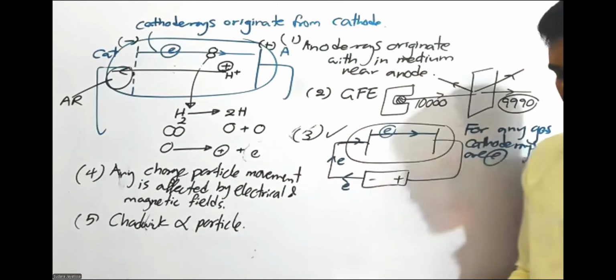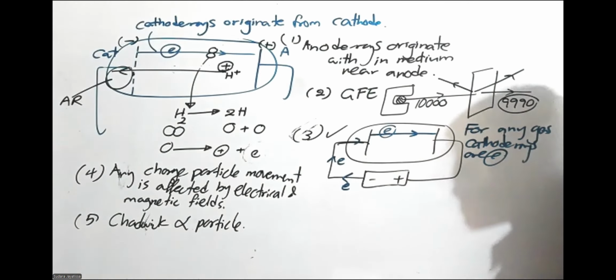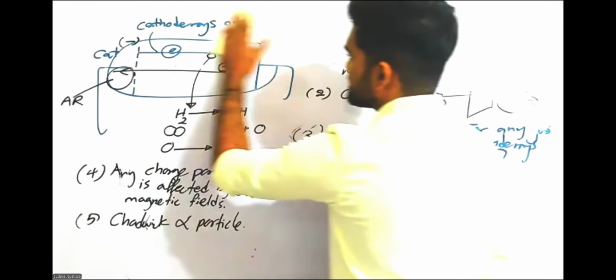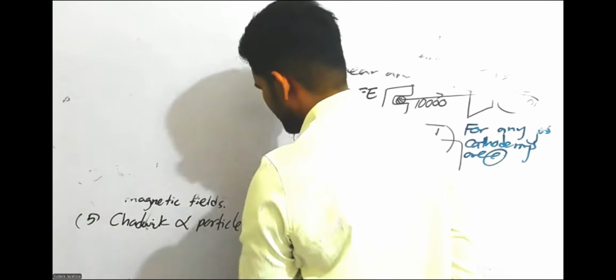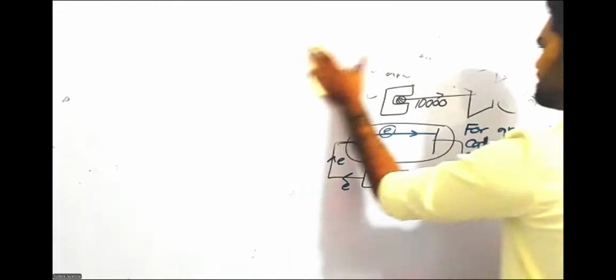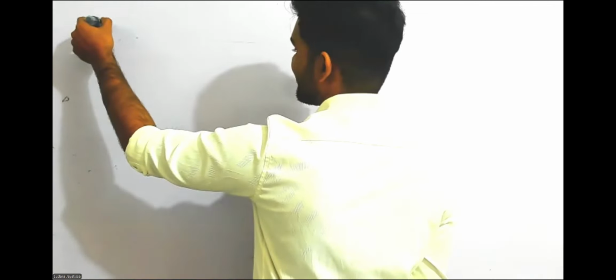When they ask such a question, we need the electronic configuration of manganese. Within the bracket, it has given Z equals 25, which stands for the atomic number. The atomic number is 25.